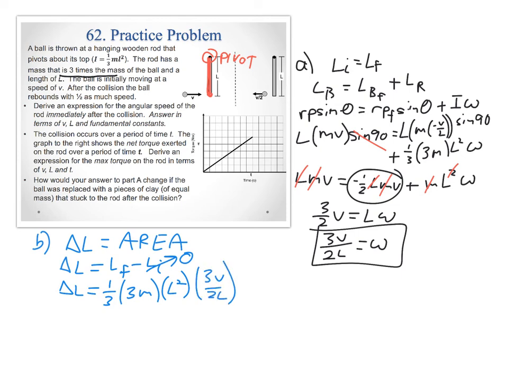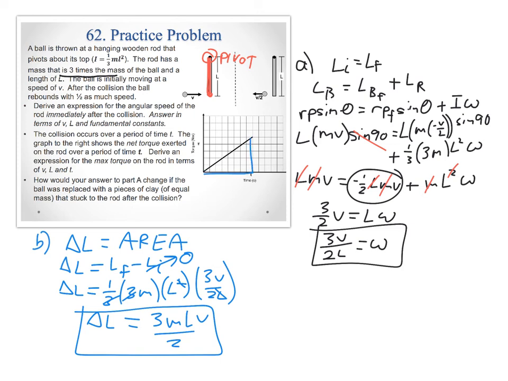When I go ahead and simplify this, canceling out some of the things I can get rid of, I end up with a final angular momentum for the rod of 3mLv over 2. And that's going to be equal to the area on this graph, the area of this triangle here. And so that's going to be 1/2 base times height.